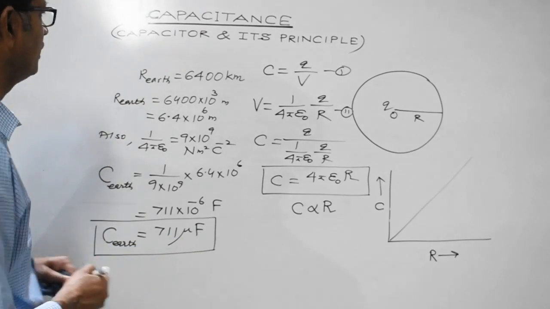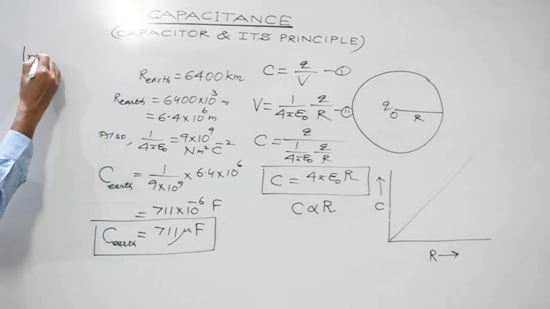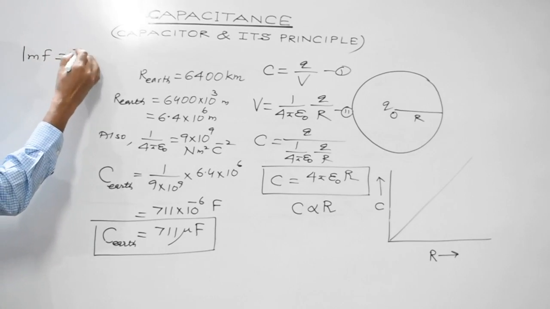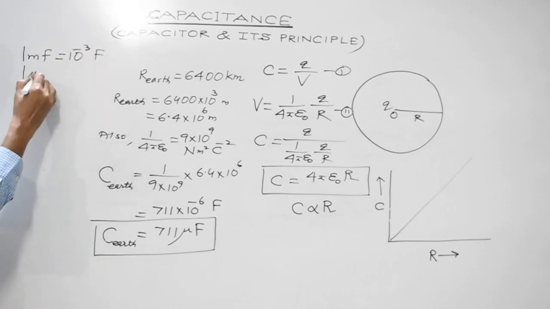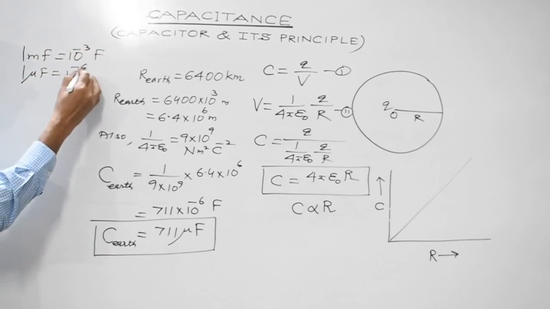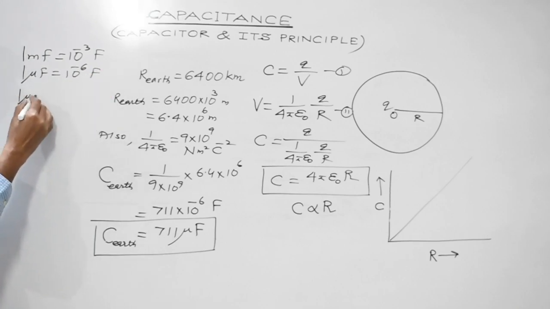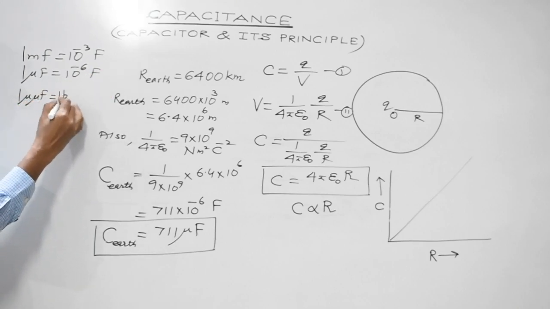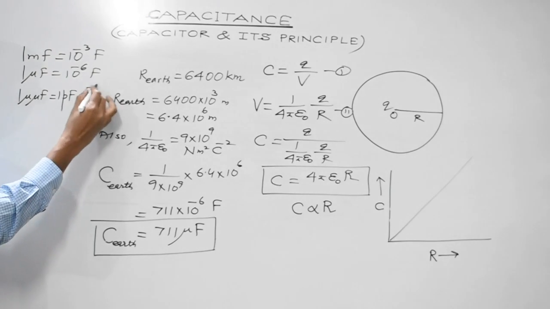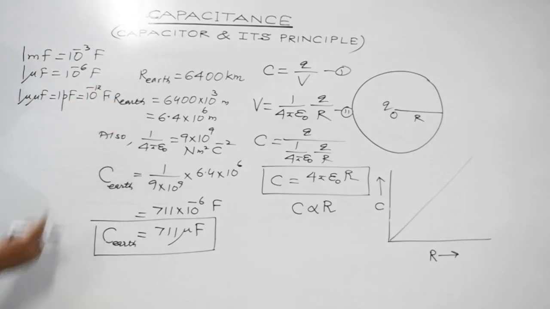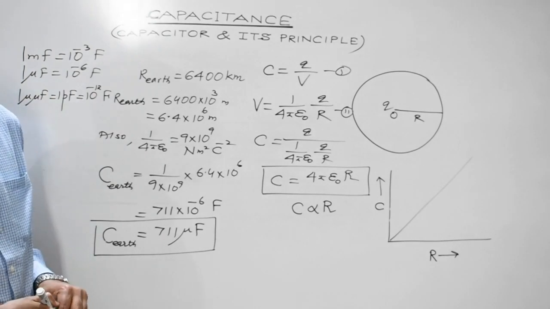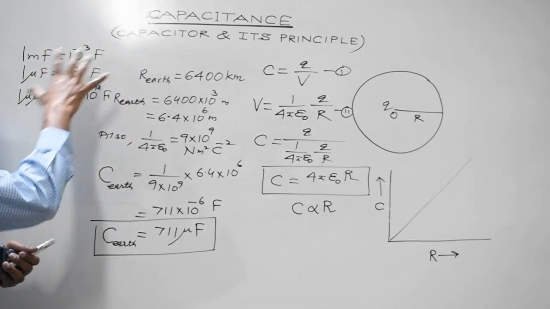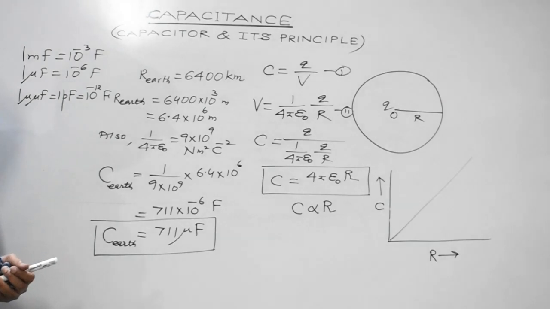So very often we make use of these units: millifarad, which is 10 to the minus 3 farad; microfarad, which is 10 to the minus 6 farad; and picofarad, which is 10 to the minus 12 farad. These are some of the units which we often use in discussing the capacitance of a conductor.